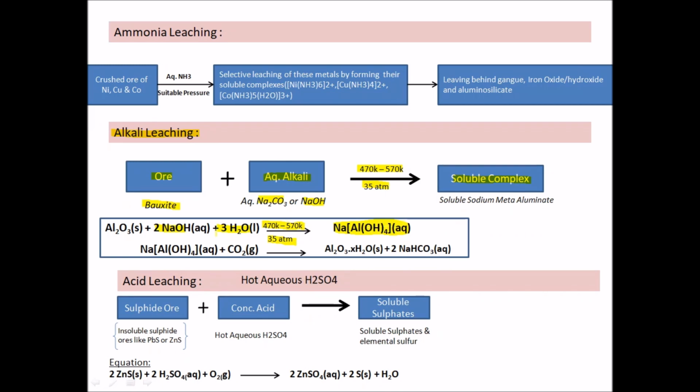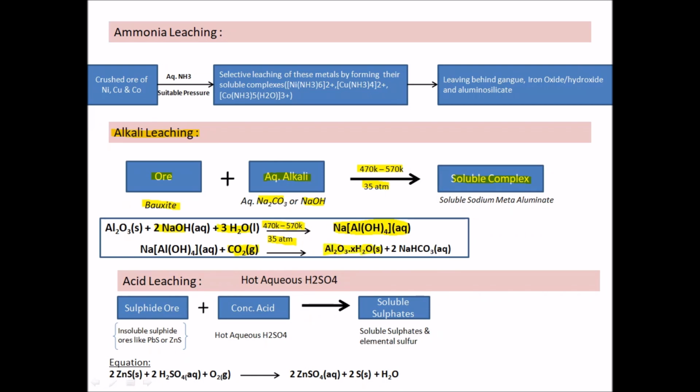This sodium meta-aluminate, which is soluble, is hot and it is decanted, cooled and diluted. This solution is neutralized by passing carbon dioxide gas, wherein it forms hydrated Al2O3, which is a precipitate.